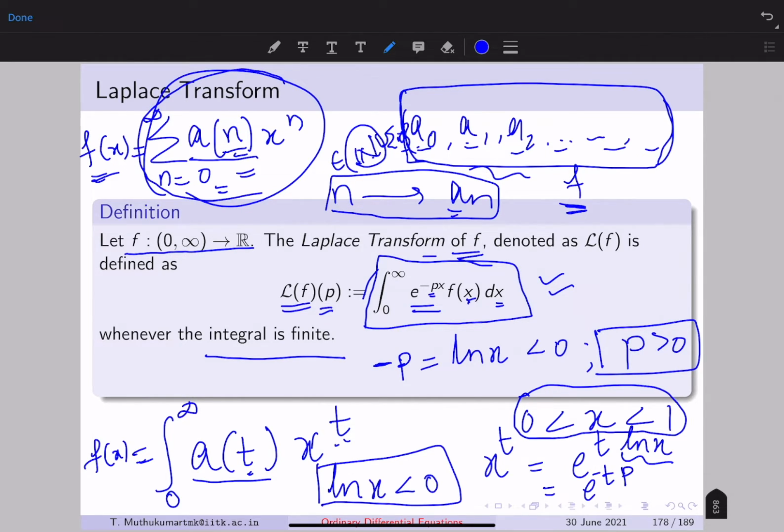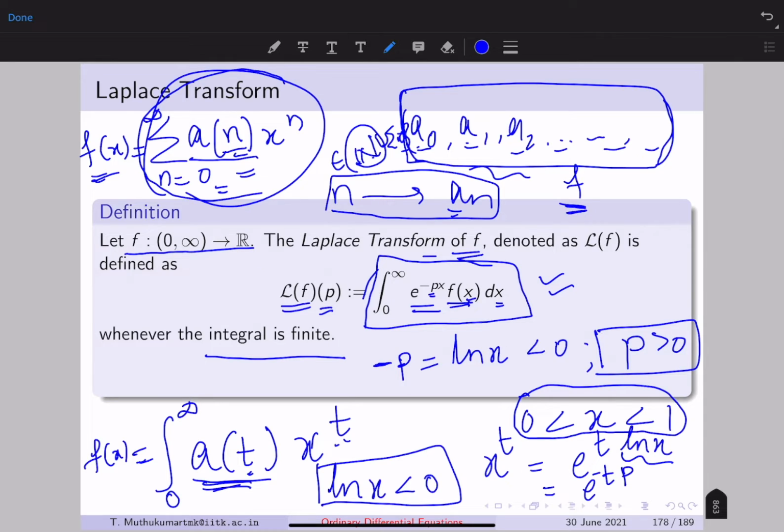More or less, you are thinking that these f behave like the coefficients a_t here. So that's the motivation for the Laplace transform.